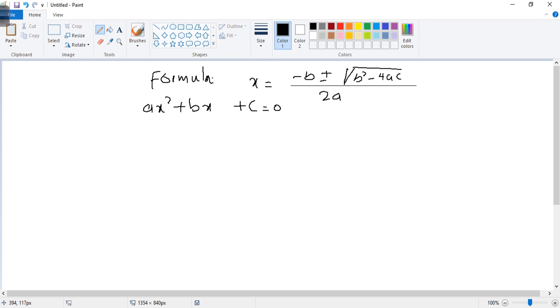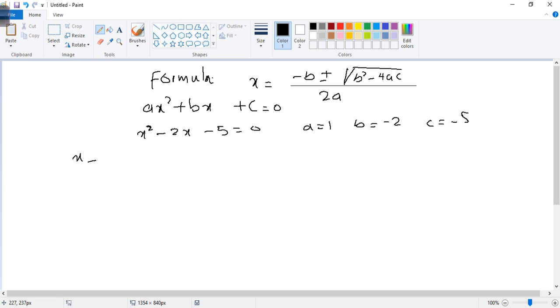If we have, for example, x squared minus 2x minus 5 equals 0. Here the coefficient of x squared is 1. That means a equals 1, b equals minus 2, and c equals minus 5. We apply the formula.